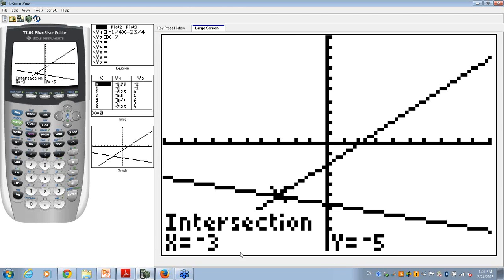So like I said before, you will not be given the graph like you see it on my slide or like you see it in the review. On the actual test, there will not be a graph. You actually will have to find it on the graphing calculator and then compare this point, negative 3, negative 5, with the answer choices. So let me switch back to my PowerPoint.